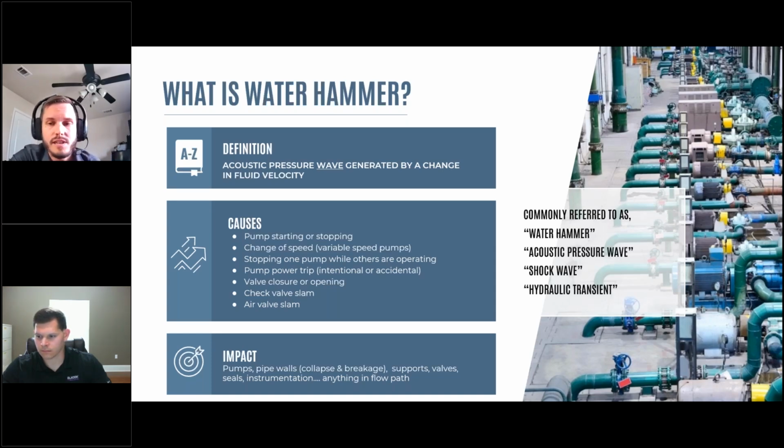Valves, we've seen valve bodies completely break apart from water hammer. Seals, instrumentation, anything in the flow path. So some other terms that we'll be using interchangeably with water hammer are acoustic pressure wave, shock wave, hydraulic transients.